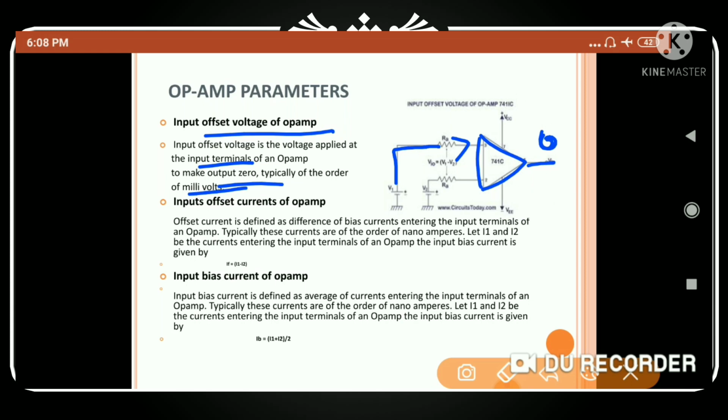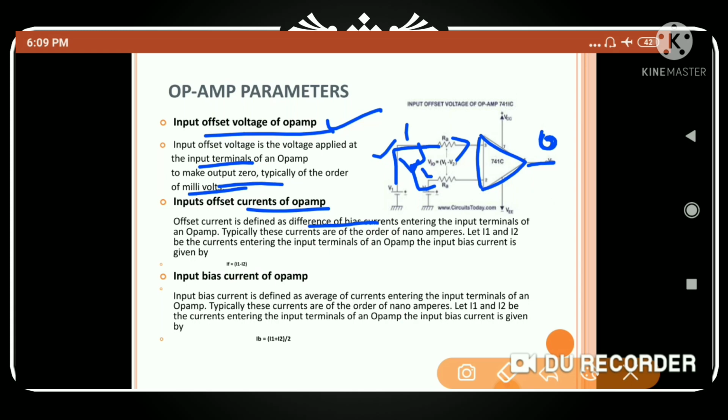Next one, input offset current of an op-amp. This is voltage and this is current. Offset current is defined as the difference of the bias currents entering the input terminals of the op-amp. Here we are giving the differential voltages, V1 and V2, and the difference between these two bias currents is given to the op-amp.